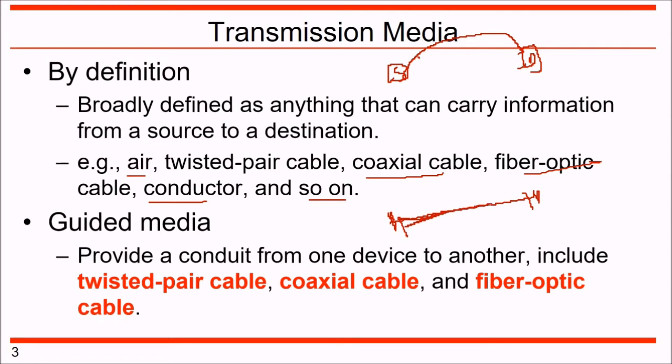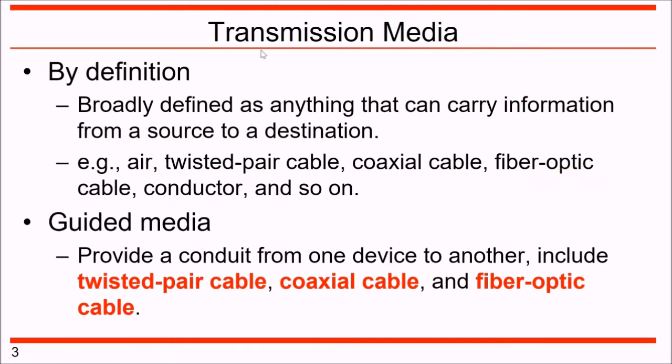So there has to be some link, some physical medium. It provides a conduit from one device to another, which includes the twisted pair cable, the coaxial cable, and the fiber optic cable. These all are guided media.